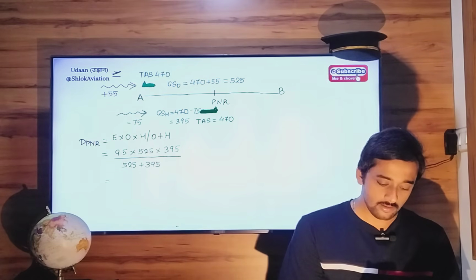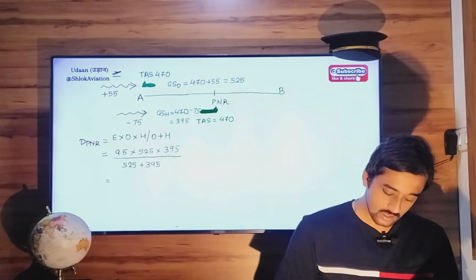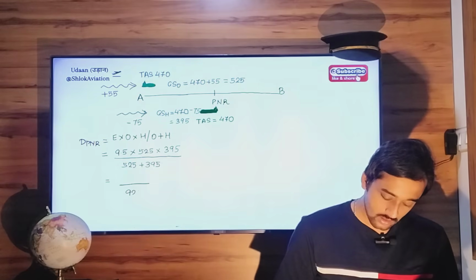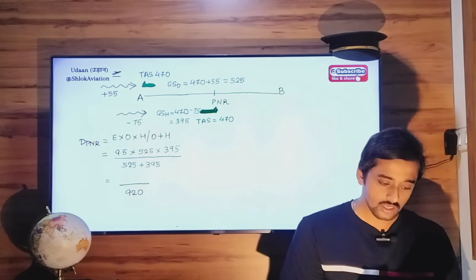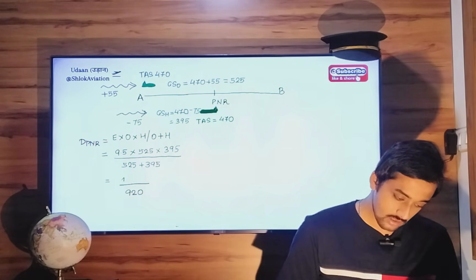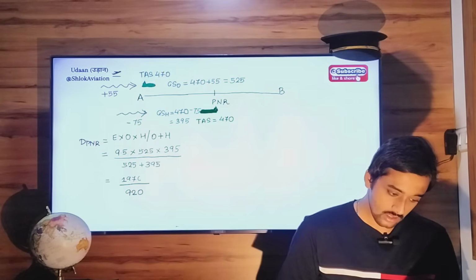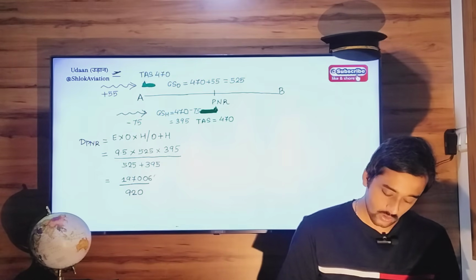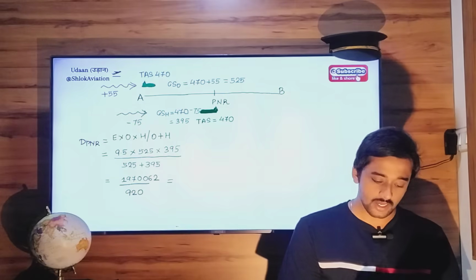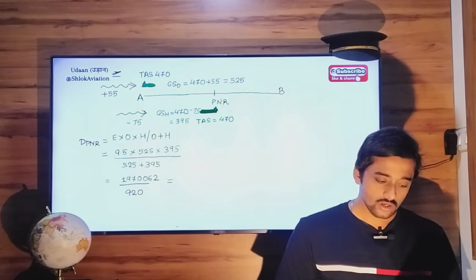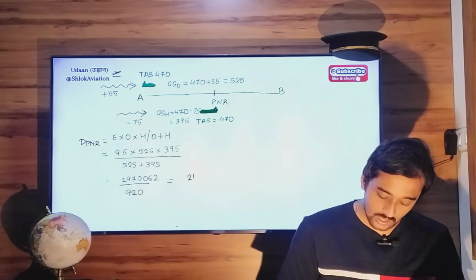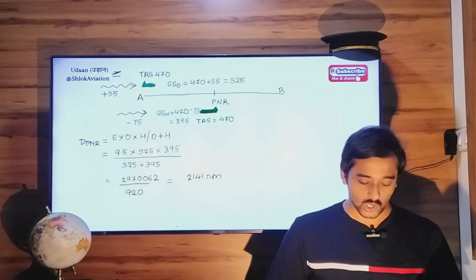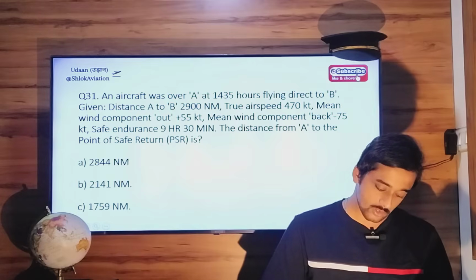So 525 plus 395 is 920. So 9.5 into 525 into 395 is equal to 1970062. When divided by 920, that equals 2141 nautical miles. So the correct answer is option Bravo.